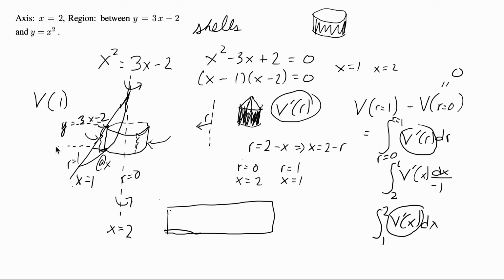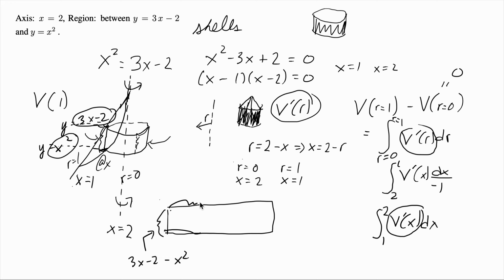And at this particular x value, this is y equals x squared. And so that distance right there is going to be that y value subtracted by that one. So we can get the height right here as 3x minus 2 minus x squared.